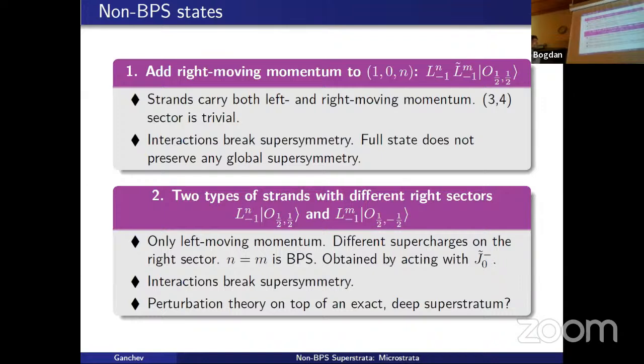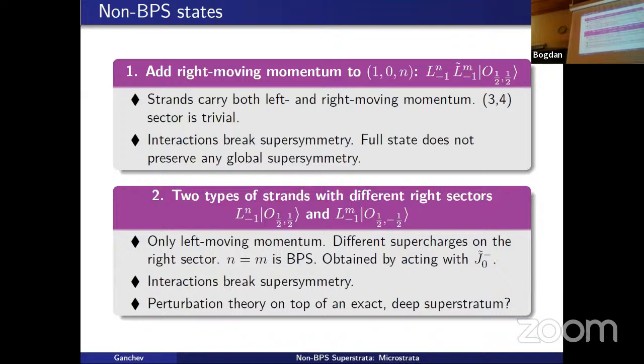And again, interactions break supersymmetry. The way we do this is we put this in the 1,2 sector, and this thing we put in the 3,4 sector, and then they interact through gauge fields.